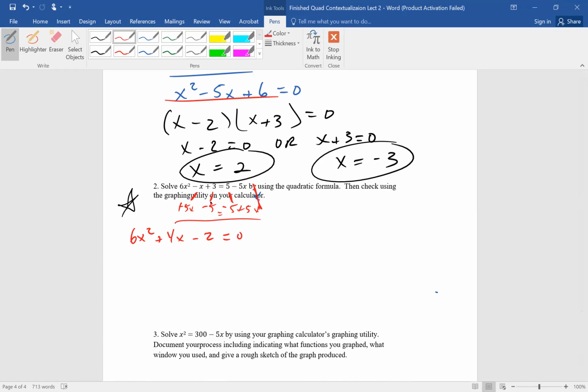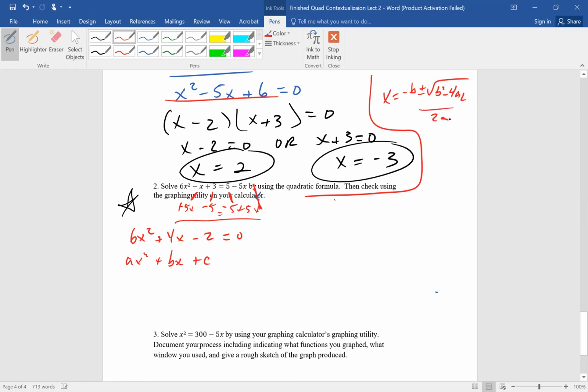Now, you can do the quadratic formula at this point if you want, which means this is like ax squared plus bx plus c. For the purposes of not making a long video, I'll get you started. Here's your formula: x is equal to the opposite of b plus or minus the square root of b squared minus 4ac, all over 2a.